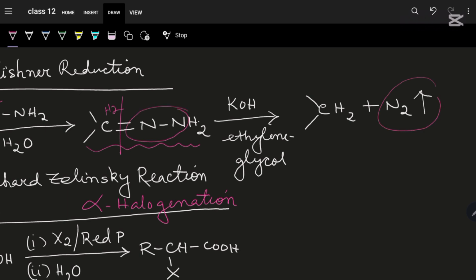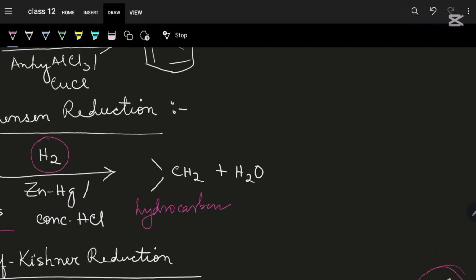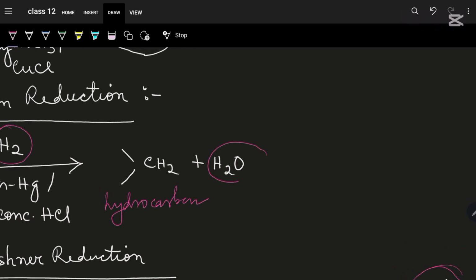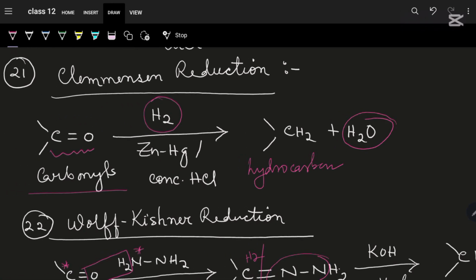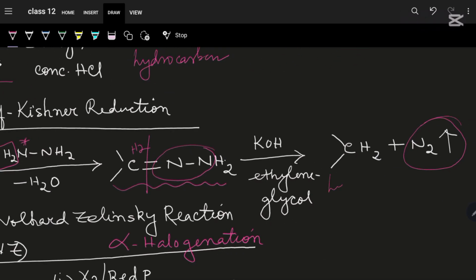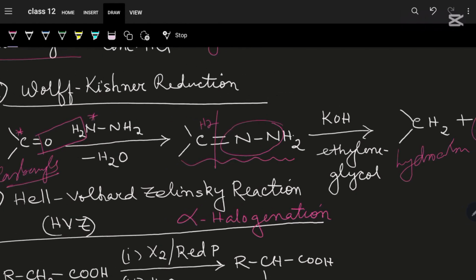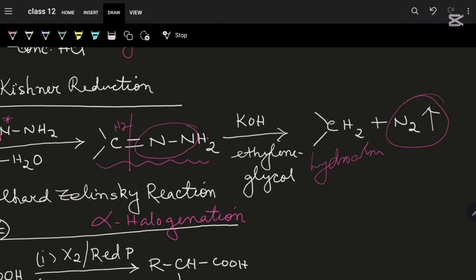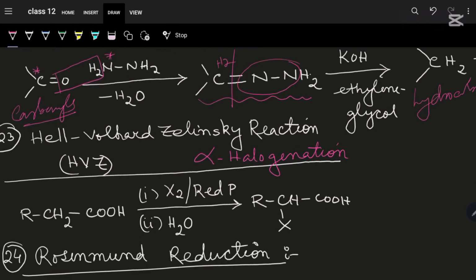So N2 is the side product here, while H2O was the side product in Clemmensen. Here also you get CH2, a hydrocarbon. The number of carbon atoms remains the same, but the side products and reaction conditions are different.